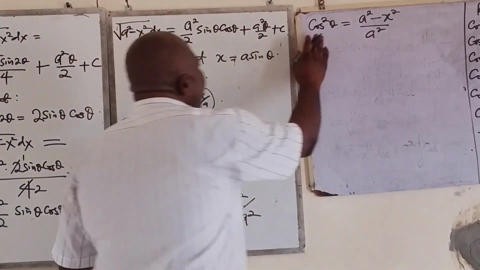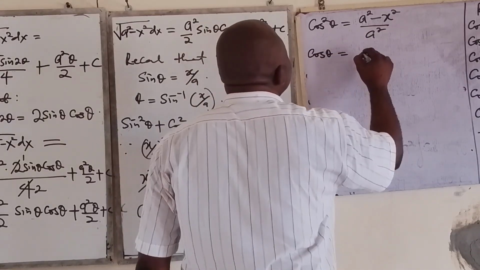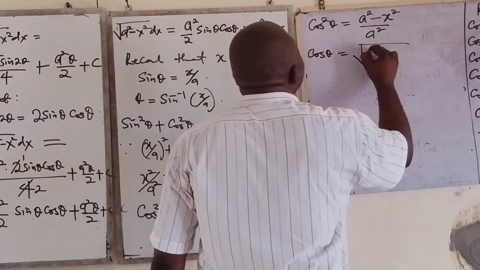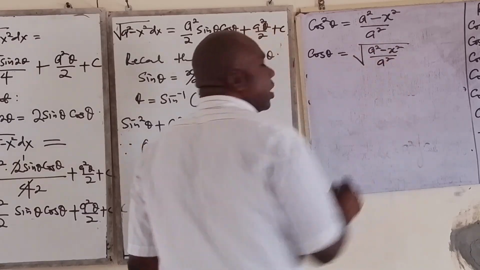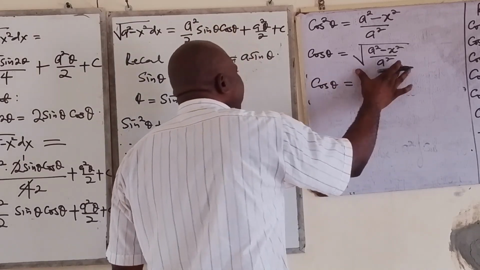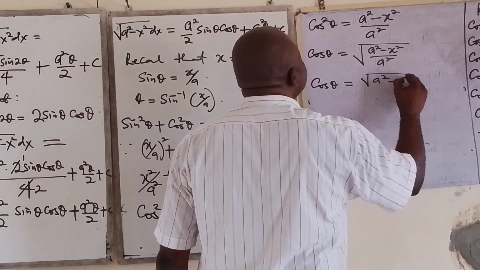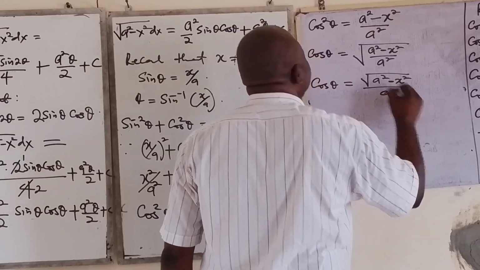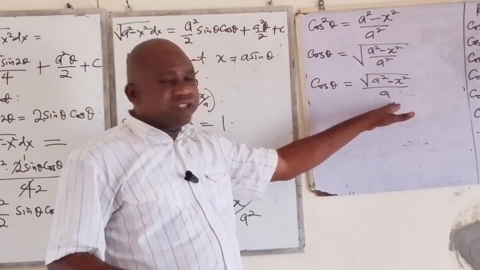So if cos squared theta is equal to this, it means cos theta will be equal to the square root of a squared minus x squared all over a squared. When you look for the square root, cos theta is the square root of a squared minus x squared all over a, because the square root of a squared is a.